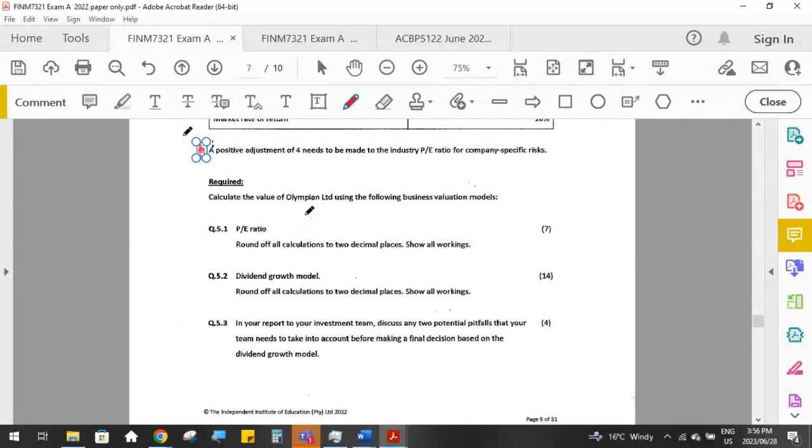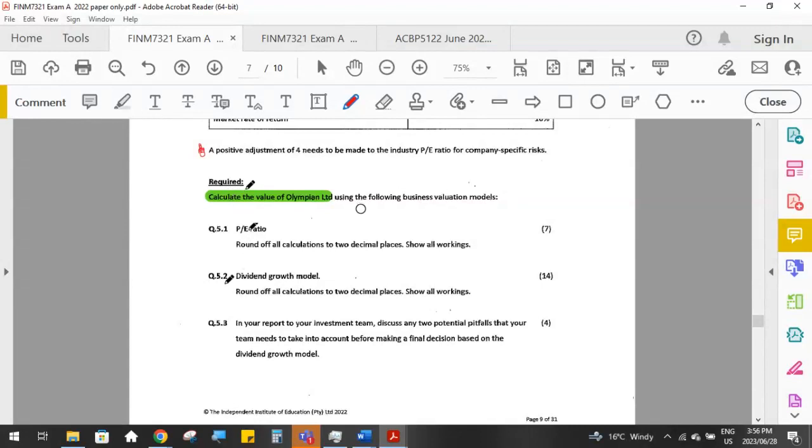that they've given you that's going to be relevant to whatever it is that they've asked us to calculate. So here they've said, calculate the value of Olympian Limited using the following business valuation models, the PE ratio and the dividend growth model. So two different business valuation models they want us to use to see what value we would come up with. One thing again, to show you how you must read these questions very carefully.